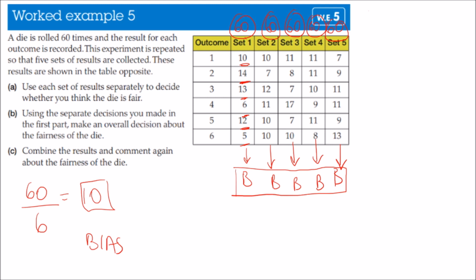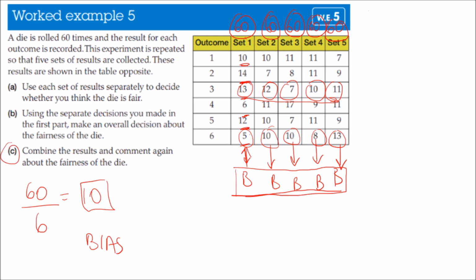However, if we look at each number, it's not always low and it's not always high. So it doesn't seem like the pattern is repeating. So it doesn't conclude that it is biased or not biased. But once we're looking at a few together, we can start to see that it is not a pattern that is repeating. So we can't straight away say that it's biased, unlike when we're looking at just one set.